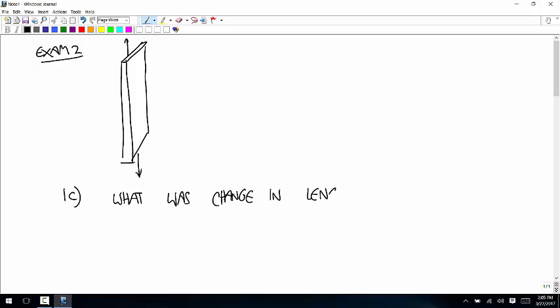If you calculated the final length instead, I didn't take points off. What was the change in length of the skinny side?